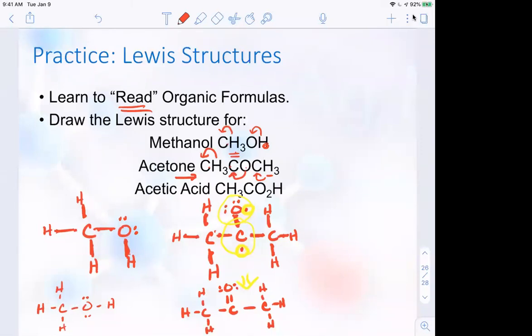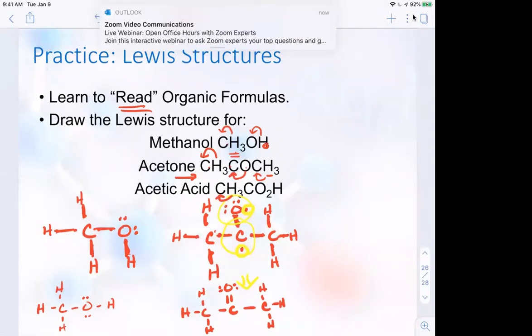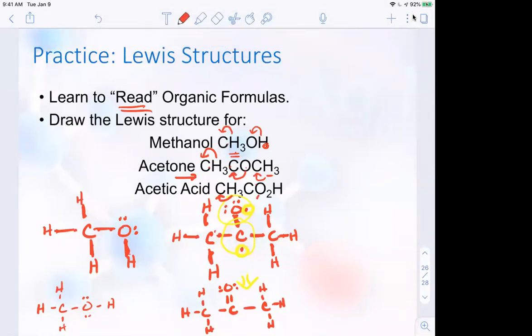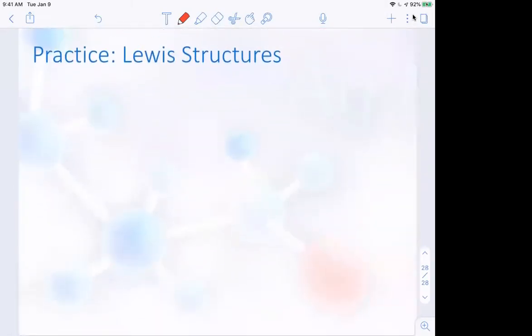So again, you have to learn to read the structure from left to right. Acetic acid, these hydrogens are there. These oxygens are both on this carbon. This hydrogen is on one of the oxygens. So if I actually look there, I have CH3CO2H, right?